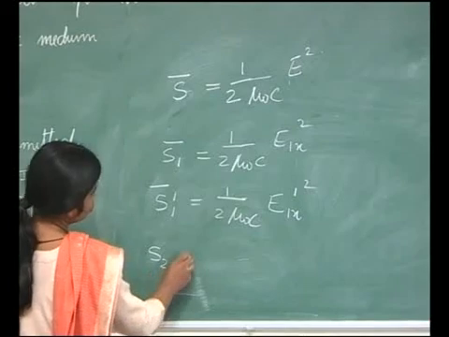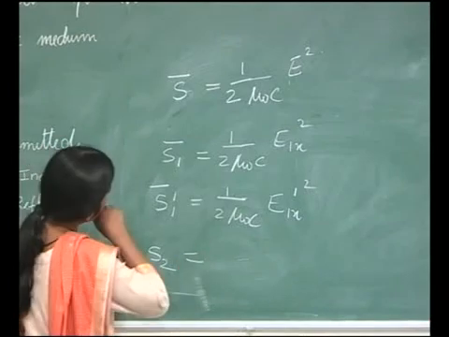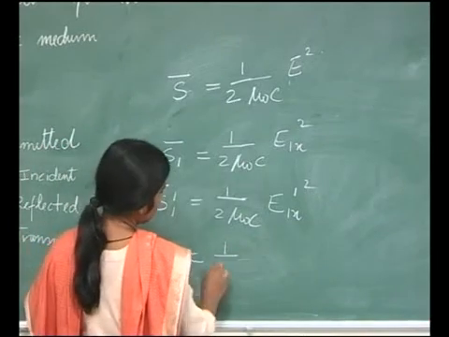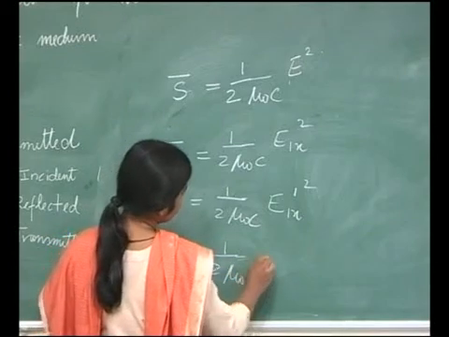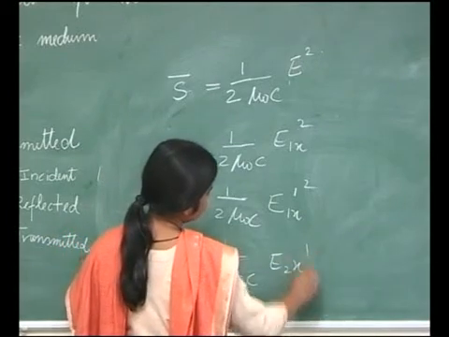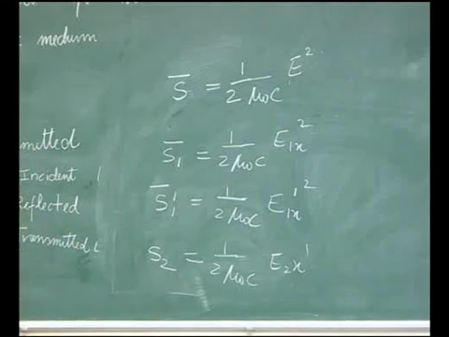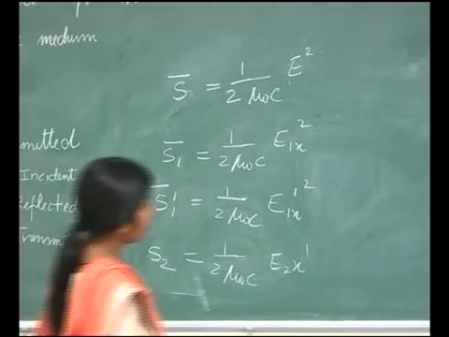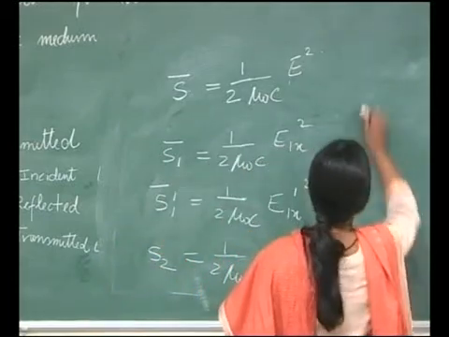And S2 will be equal to 1 by 2 mu naught C E2x square. So, from here I can define two new coefficients.